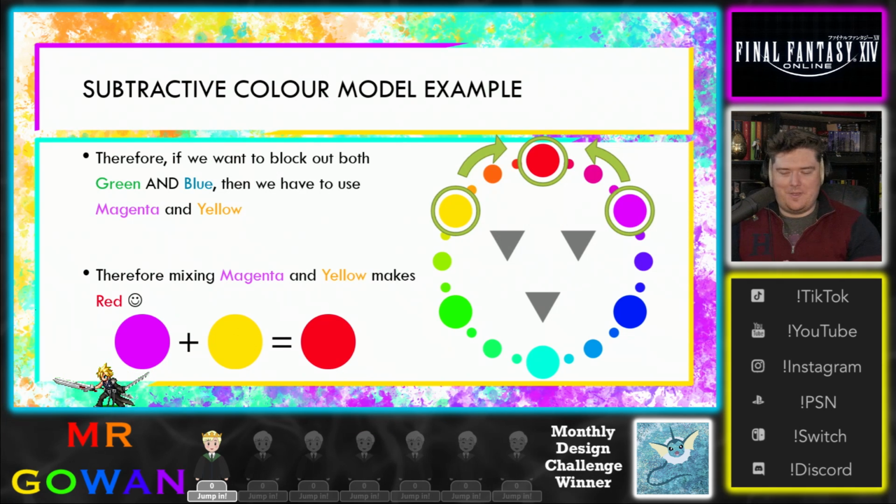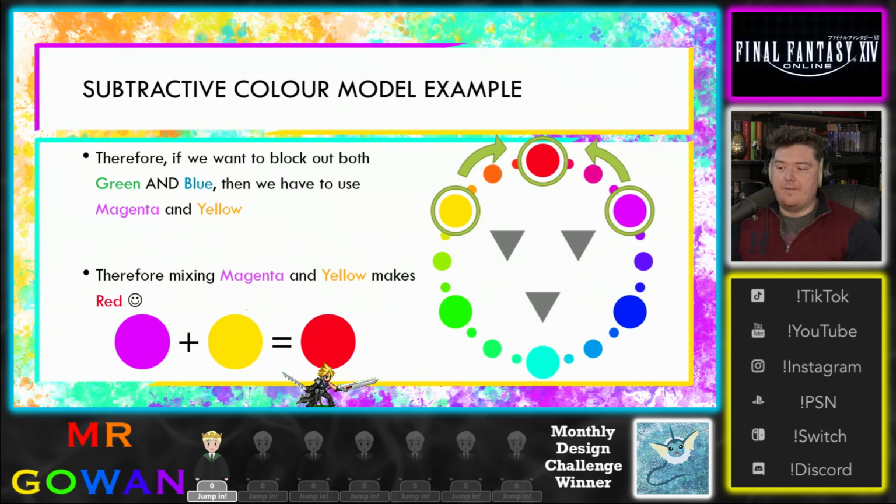Hopefully that all makes sense. But the thing about subtractive color, right? When we're talking about subtractive color, cyan, magenta, and yellow are the primary colors and not red, blue, and yellow, because we can actually make red. We can also make blue.